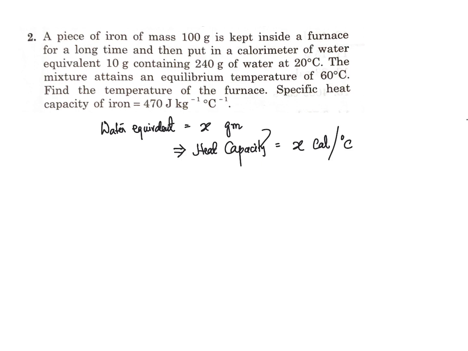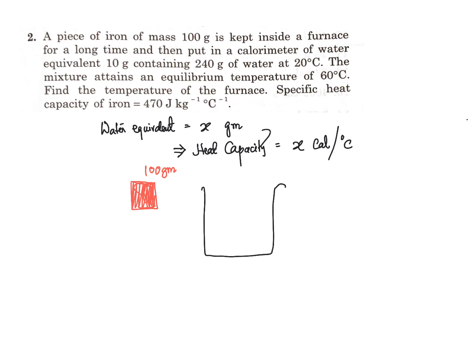So here, a piece of iron of mass 100 gram is kept inside a furnace for a long time and put into a calorimeter of water equivalent 10 gram.